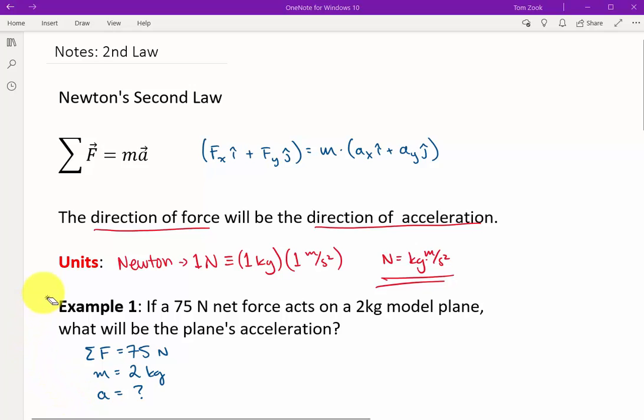So let's go ahead and apply this formula that we've got to try to calculate an answer. We should say that the sum of all forces, the net force on an object, is equal to m times a. We want to solve for a, so we can just divide by m. And now we can go ahead and plug in some numbers and see what we get.